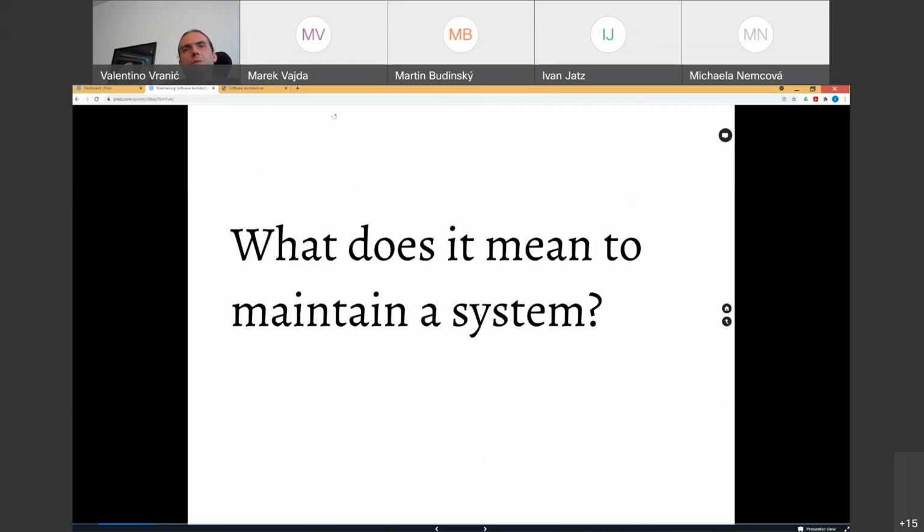But a real question for you is, what does it mean to maintain a system? Not necessarily just the architecture, let's take it as if we are not talking about architecture. We don't know about architecture, just about software development, and the system is being developed, and what does it mean to maintain a system? Think for a moment.